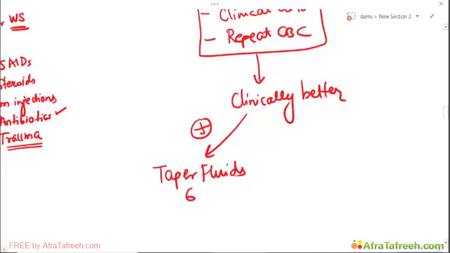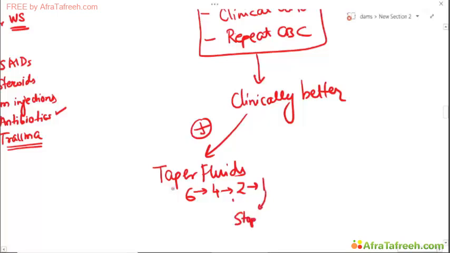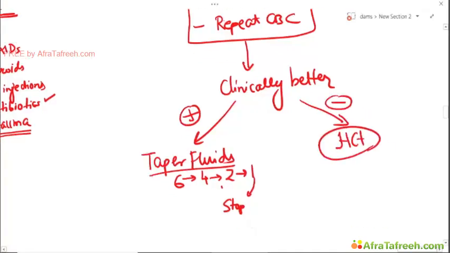If it was started at 6, bring it down to 4, to 2, to 1, and then stop. With monitoring, obviously. If the patient is not clinically better, look at the hematocrit now.